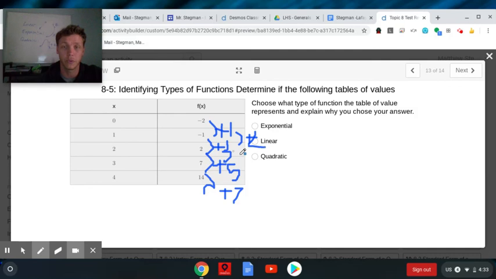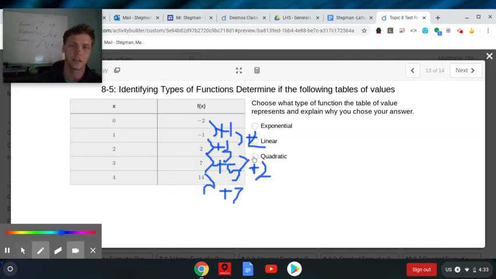From 3 to 5, that's +2. And from 5 to 7, that's +2. So if the second difference is the same, and here it is, +2, +2, +2, then we can say that that's a quadratic.